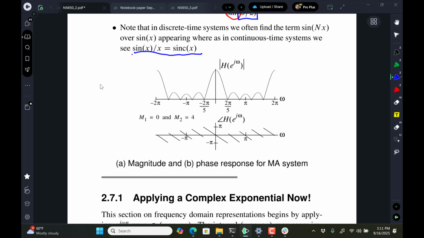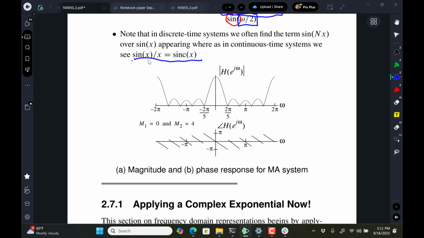If we were working in the continuous time domain, we would just have a single sine x over x sitting right in here. So what I'll say later in chapter 4 is that if we were to take and overlap a sinc function, the sinc would sit here and it would have tails going over here, place another sinc function here and it would have tails going over here. If all those sinc functions up and down the axes were allowed to trickle together, we would get the sine nx over sine x.